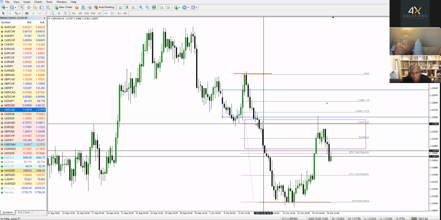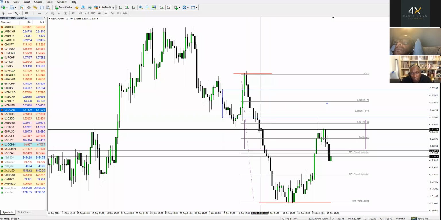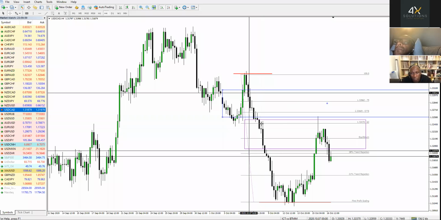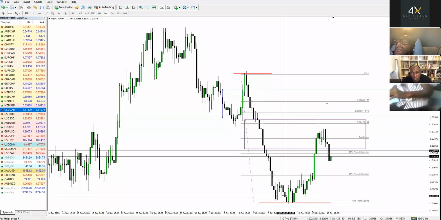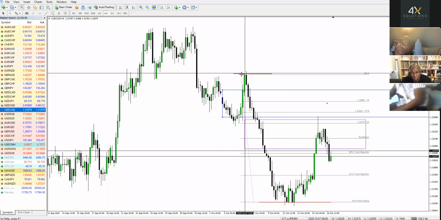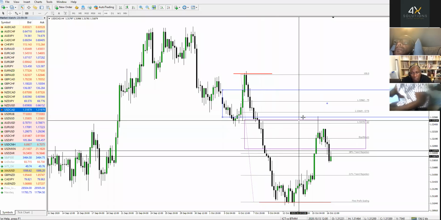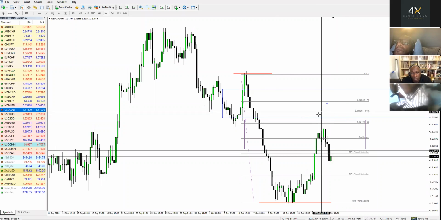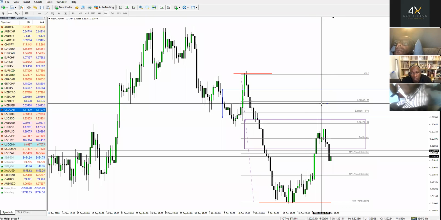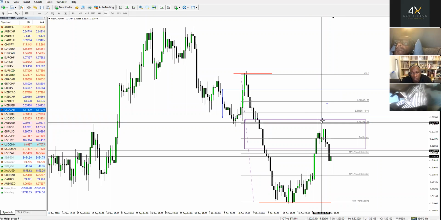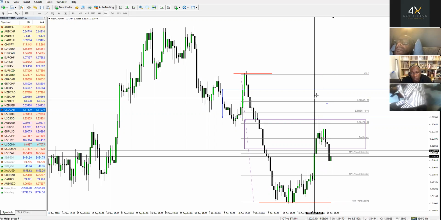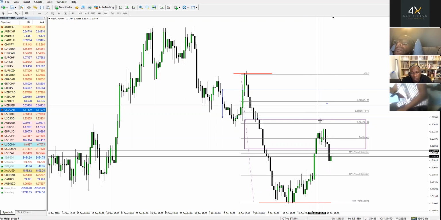It created a liquidity void on the daily chart, and we've drawn a fib over here from the swing high to the swing low, because it is bearish. So anywhere inside 62% OTE and 79% is where we are expecting price to retrace into to give us a premium price to sell at.